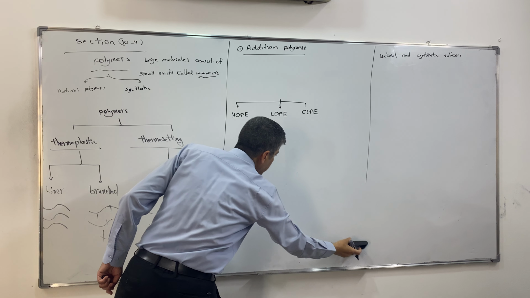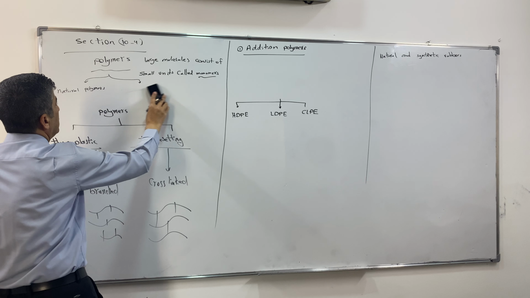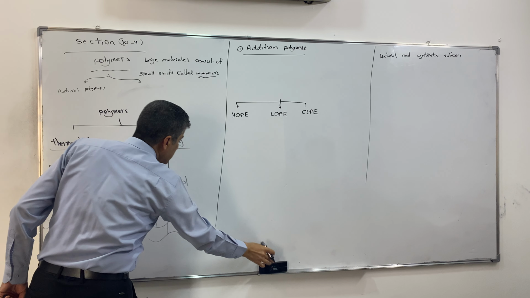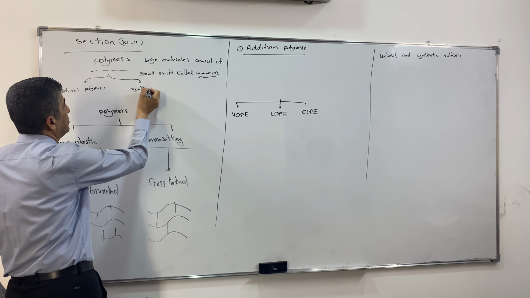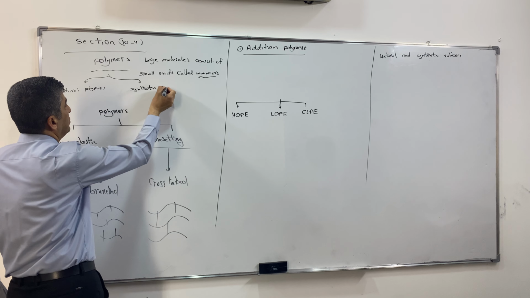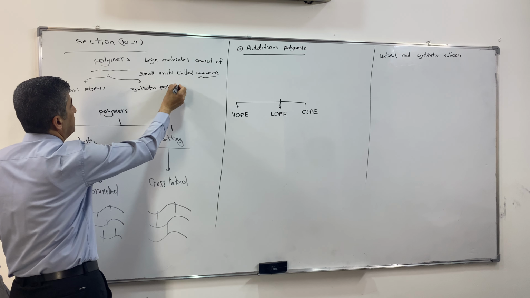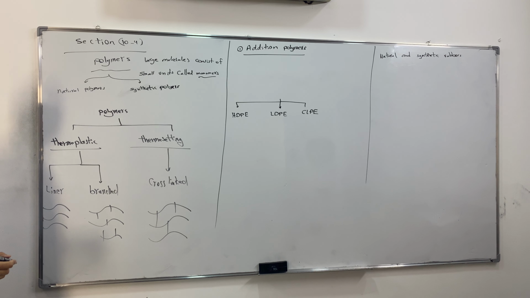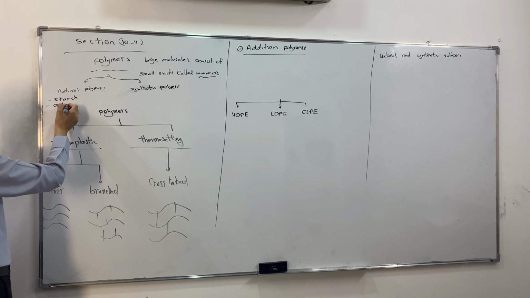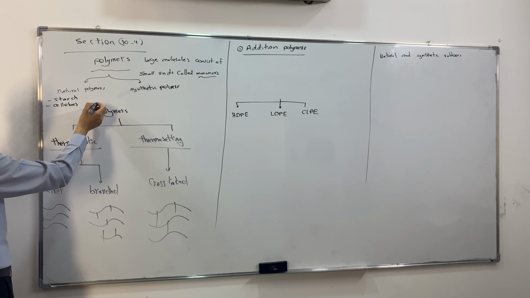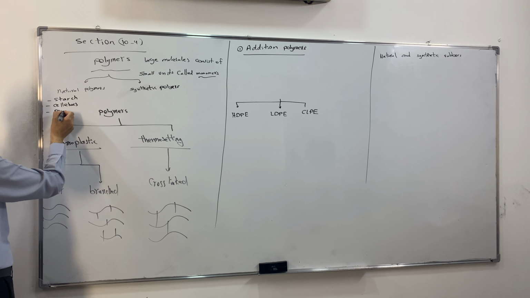Examples of natural polymers in your textbook are starch and cellulose, and we also have proteins.